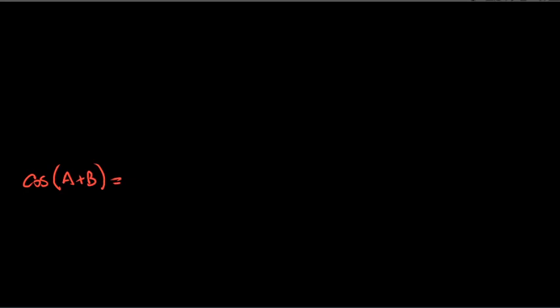Okay, so this is one that you may or may not remember from your trigonometry days, but it is an important rule here. Cosine of a plus b is the cosine of a times the cosine of b minus, oops, sorry, see, even I forget sometimes, right? Minus the sine of a times the sine of b. Okay.